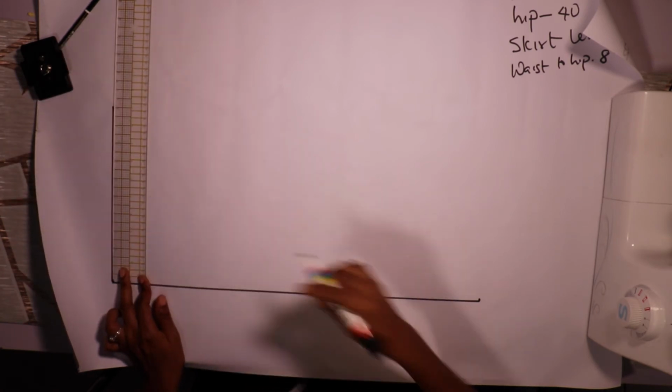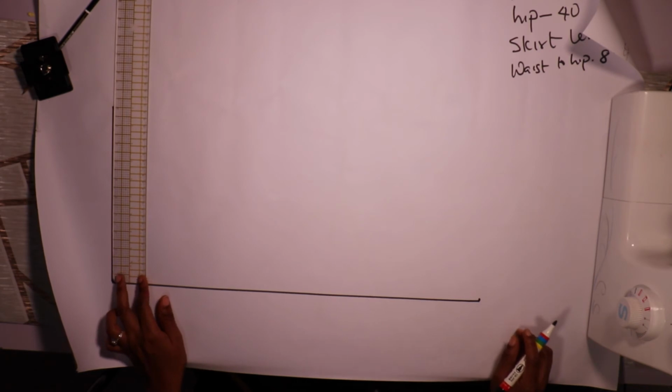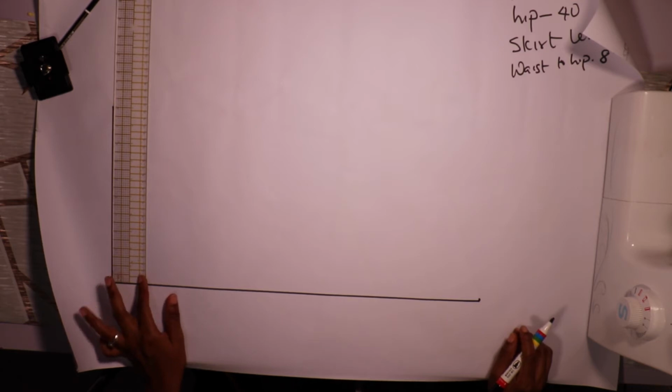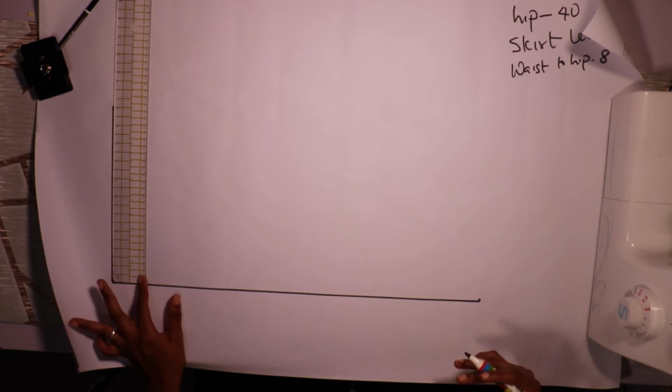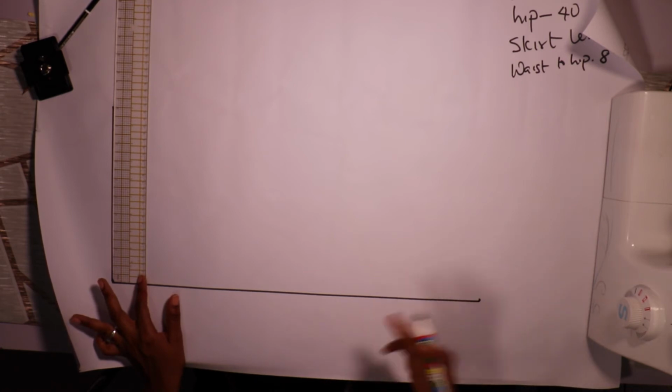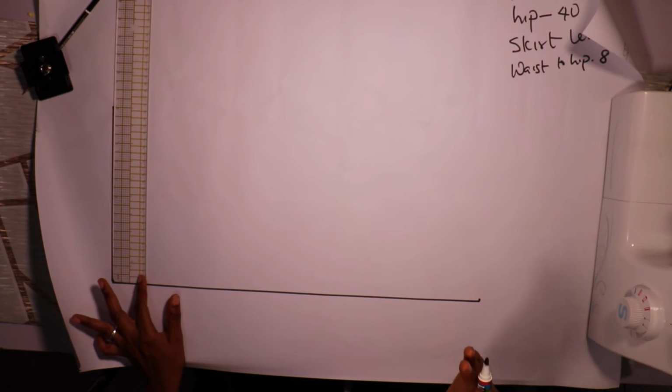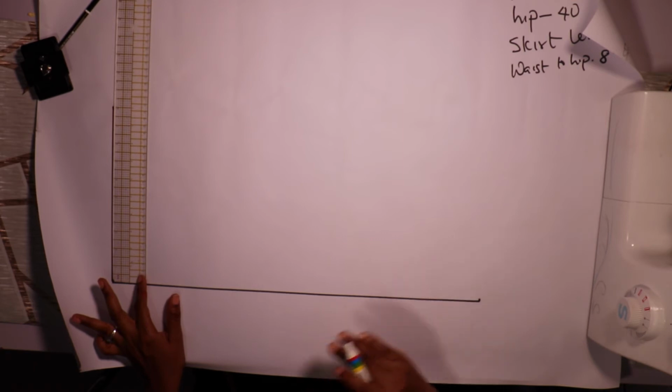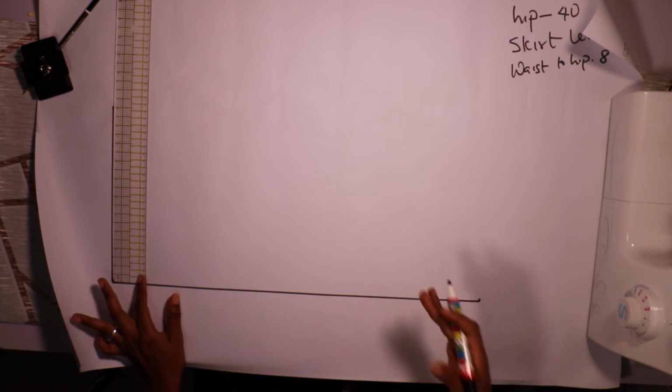Now, there are terms that we use in pattern drafting, such as center front and center back. Whenever you hear people say square up, square aside, square across, or square down, it just means rule that straight line, maintaining the same straightness of that line down, across, or up.